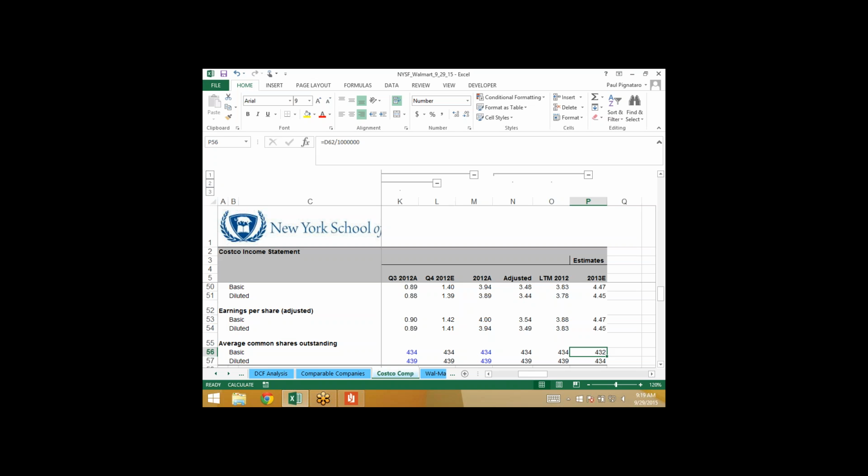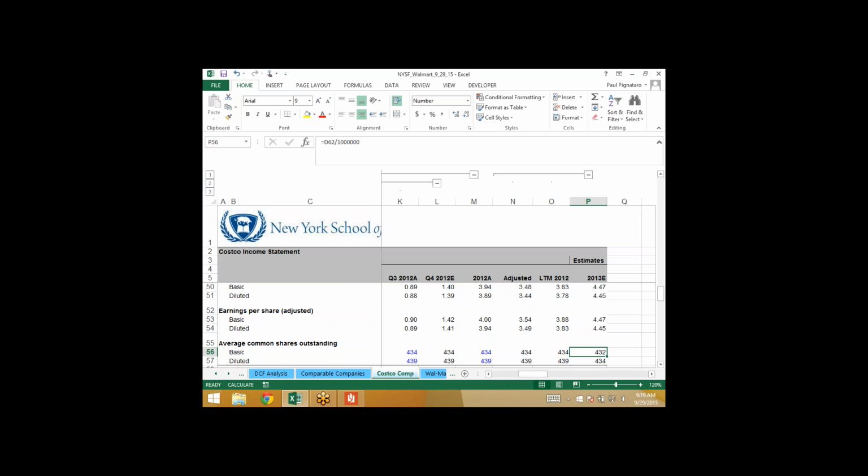You're looking to see if they've announced any major cost-cutting initiatives or anything going on in the market environment that might increase either their COGS or operating expenses. And that's what you look for. Why is our EPS out of line with the street? This is a good first cut way to get to a model and an EPS number that ties closely with the street and has some good meaningful backing behind it.